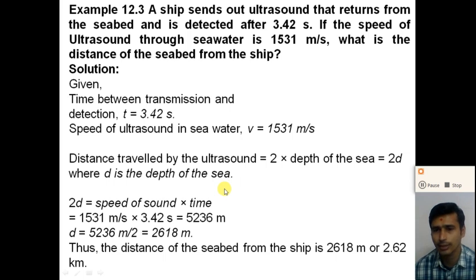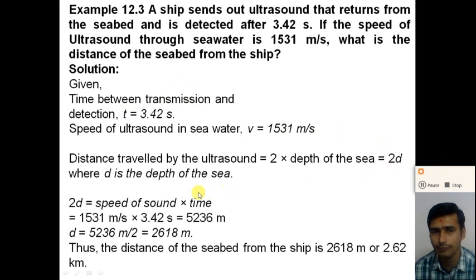So here the ultrasound transmitter transmits the sound, it reaches the seabed and is reflected from the seabed and reaches the receiver. So the distance traveled by the ultrasound is twice the depth of the sea, right? So we take 2 times d, where d is the depth of the sea.